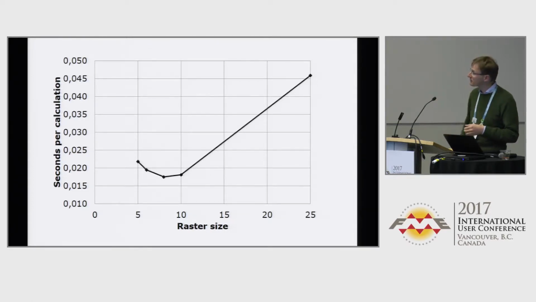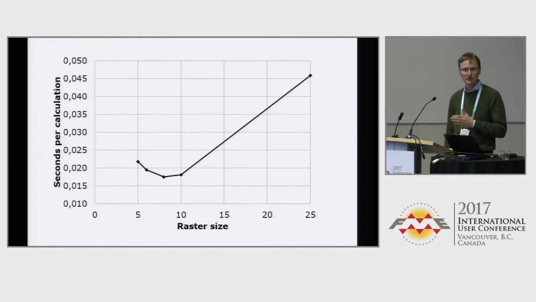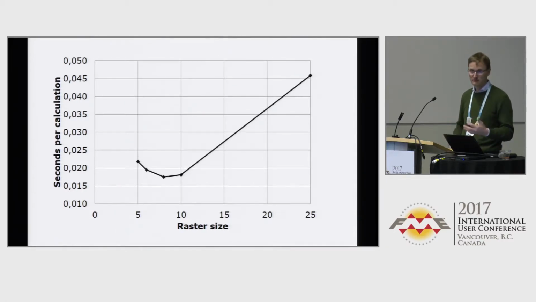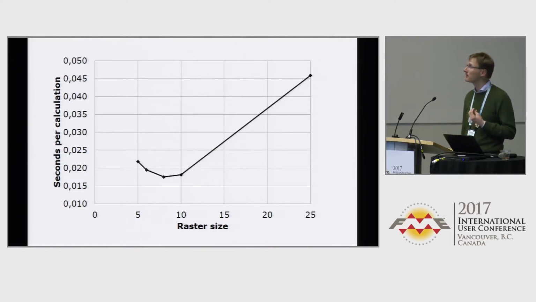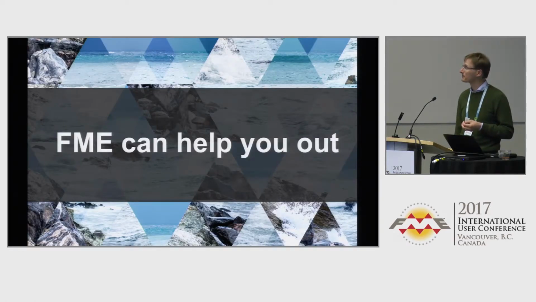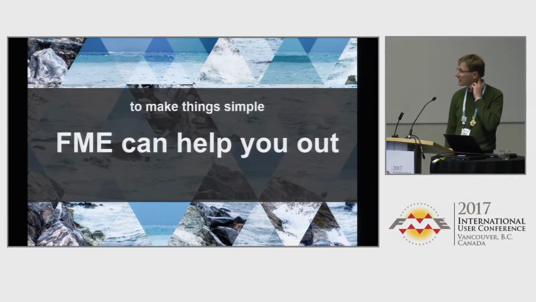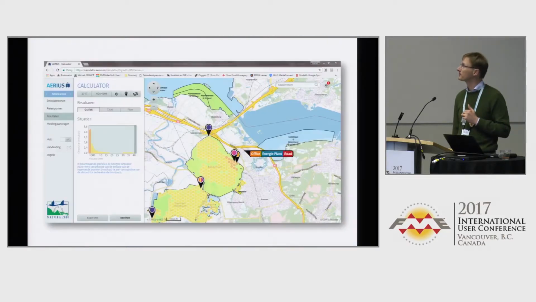So over here you see a graph, and actually at about 8 kilometers is our optimum, because when we do more, then too many FME workspaces get into the air, so it slows the process down, and when it gets too much, then the I/O of your computers are getting in the way. So this really helps to speed things up. So if you have never worked with the workspace runner, just look into it, and it can really speed things up. FME can also help you out to make things simple.